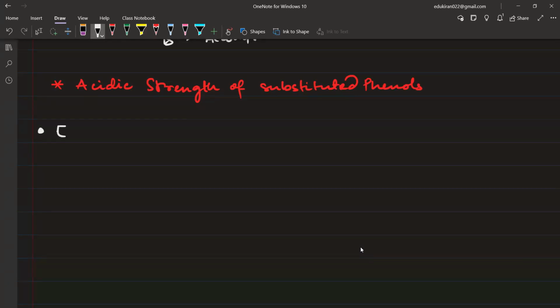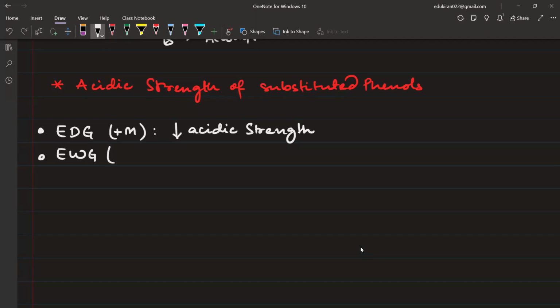So the groups, if they are electron donating group, that means they are plus M. So they will be increasing the negative charge. Therefore, the acidic strength will decrease. And if I talk about electron withdrawing group, that is minus M, then the acidic strength will increase. So minus M increases the acidic strength and plus M decreases the acidic strength.